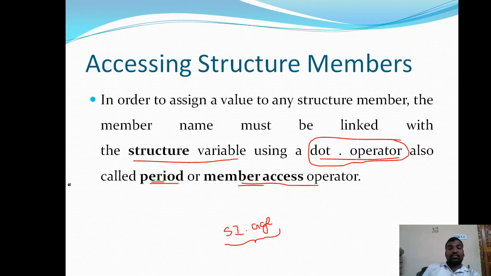This is one way of accessing. Another way, we can use the arrow operator also, to access the members of a structure. Now we are restricting our discussion to the dot operator only.